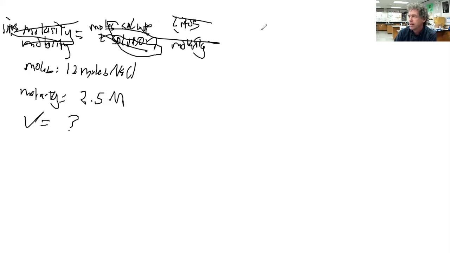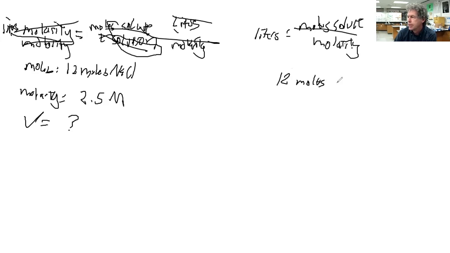So liters equals moles of solute over molarity, which equals 12 moles of NaCl over 2.5 moles per liter.